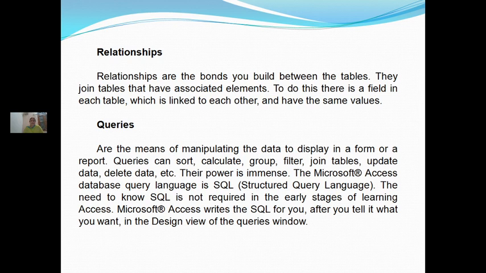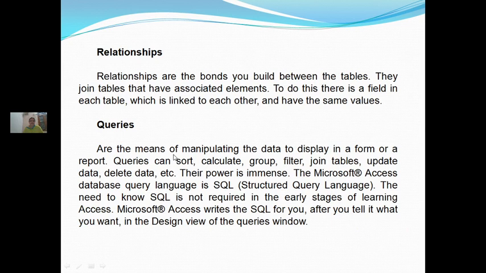You can create a bond, a relationship, between these two tables by using the department number in the employee table and joining the employee table and department table, using department number as the relationship between these two tables by using the same values. Okay, students. So this is about relationships, one of the components of MS Access.